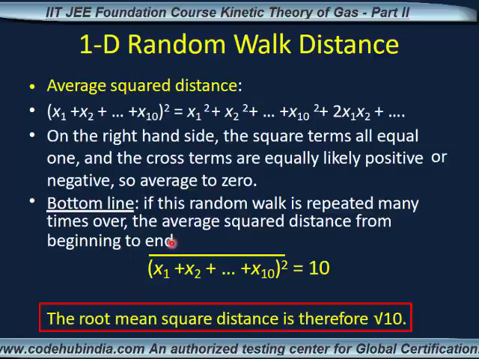The bottom line is that you are getting the average square distance equal to 10. So the distance is equal to root over 10.